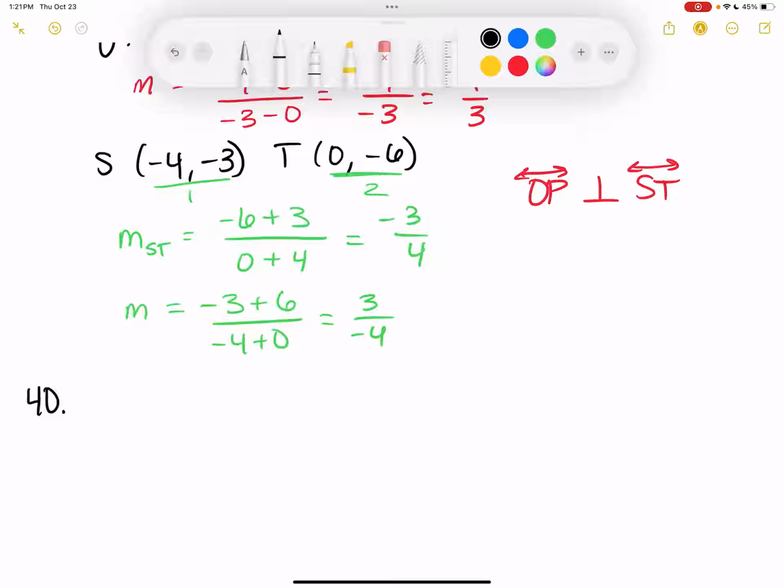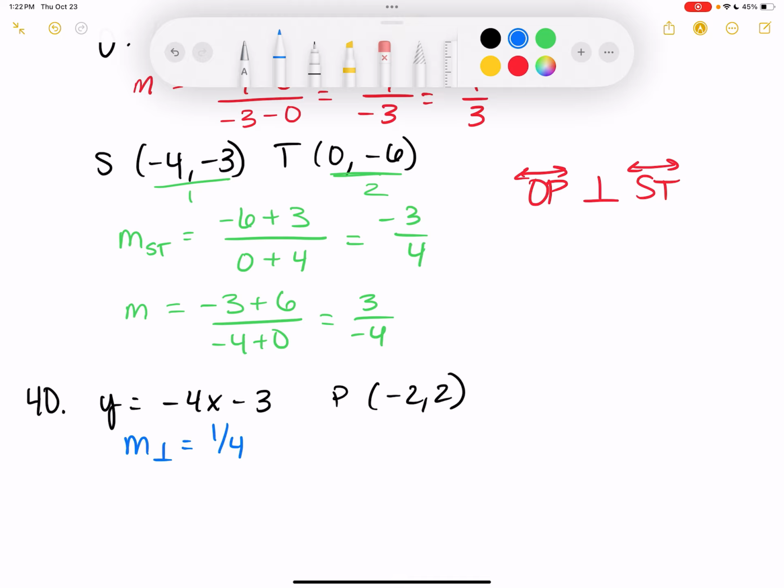So 40, we have y equals -4x minus 3, and the point is -2, 2. All right, so I want it perpendicular to this line. What does the slope of my perpendicular line have to be then? Positive 1/4.